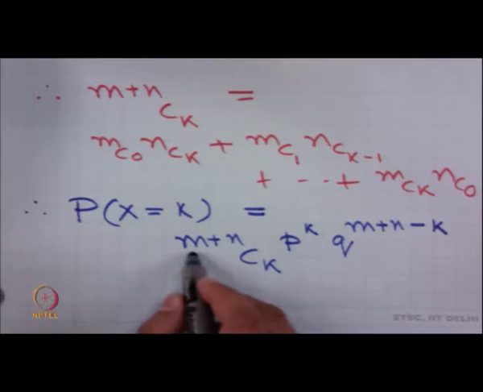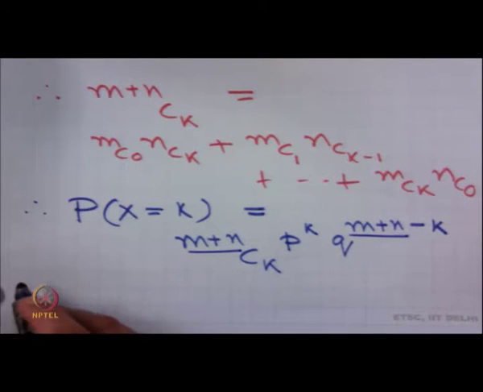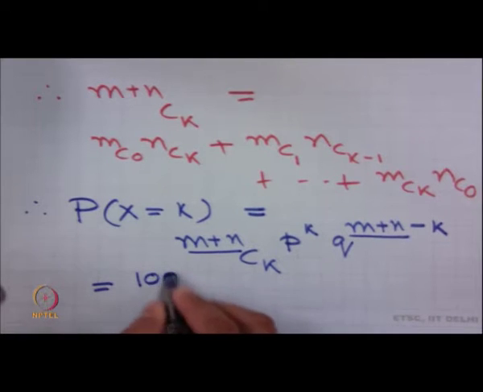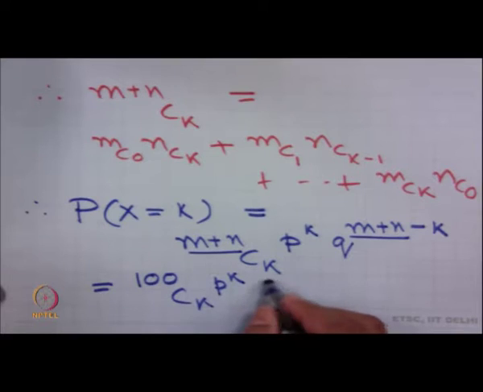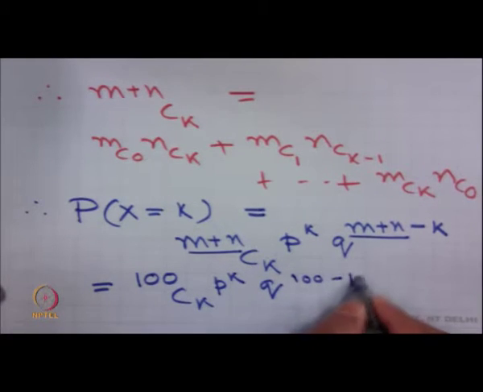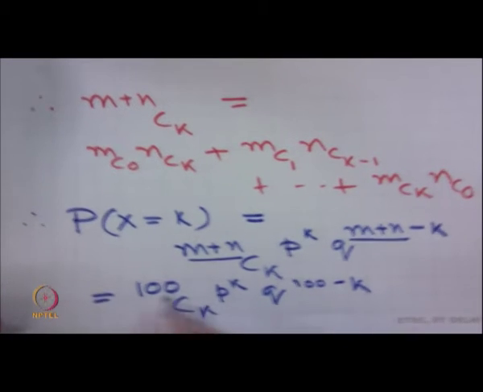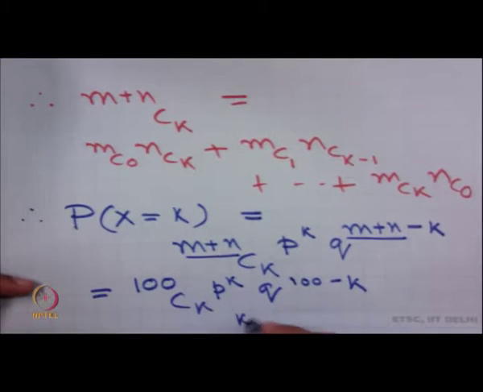Since m plus n is constant equal to 100, we can write it as 100Ck p to the power k q to the power 100 minus k, and this is true for k equal to 0, 1 up to 100.